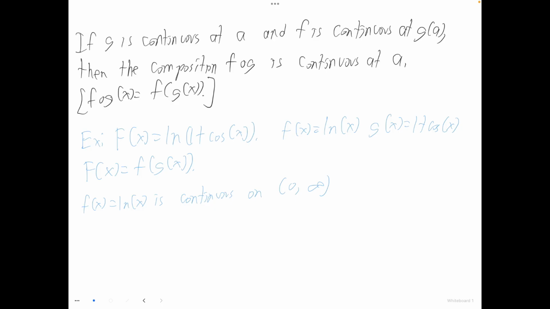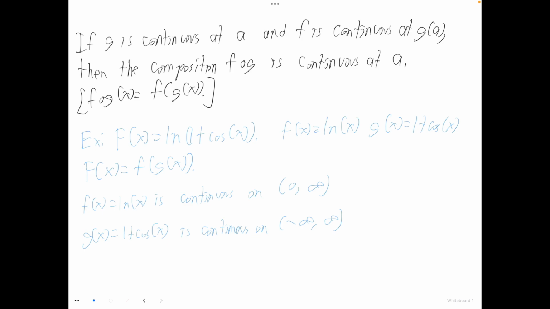And so we want to know, well, when is g of x continuous and when is it positive? And so we have g of x, which is 1 plus cosine of x. Well, this is a sum of 1, which is continuous everywhere, and cosine, which is continuous everywhere. So g of x is continuous on negative infinity to infinity.